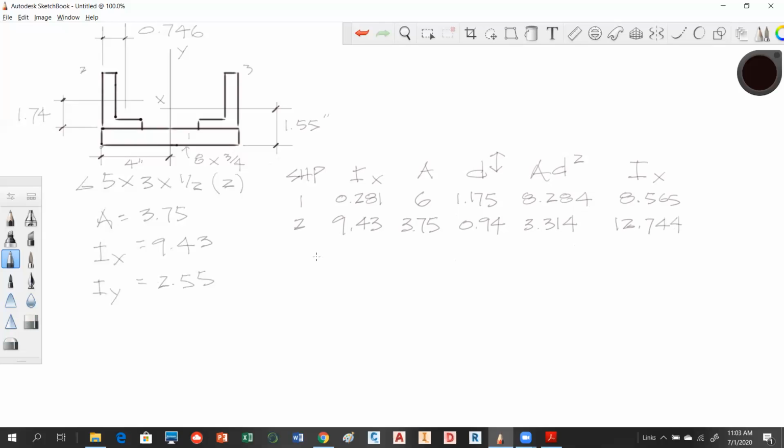Shape 3 is really kind of an identical situation. So we've got same moment of inertia, same area. The distances will be the same. AD squared should be the same. And the sum of those will be the same.